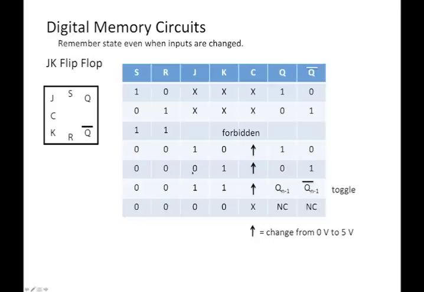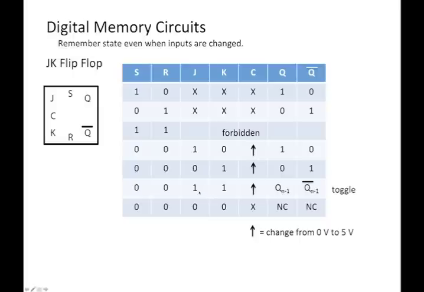Or if we have J 0, K 1, and we see an up transition on the clock, then the output will be 0 and Q bar will be 1. So it's similar to the set and reset, only you can send it a signal and say, switch now when I change the clock from low to high.